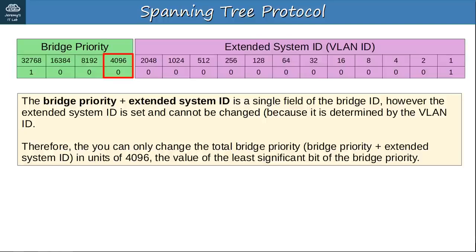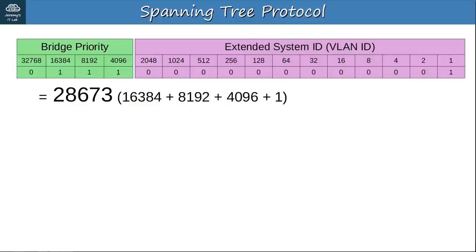Let me demonstrate. Currently, the bridge priority here is 32769. Let's reduce it to make this switch the root bridge. If I want to reduce it just a little, I can reduce it to 28673, which is 16,384 plus 8,192 plus 4,096 plus 1.